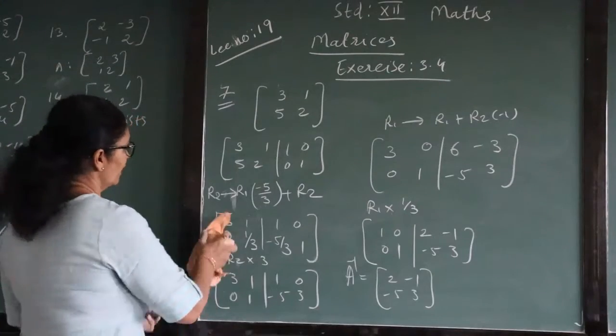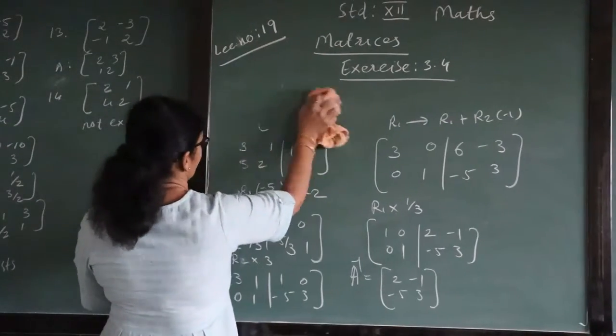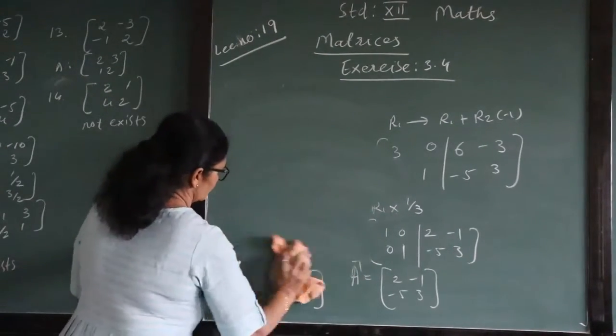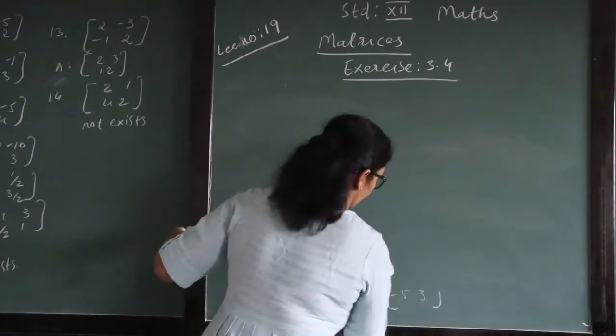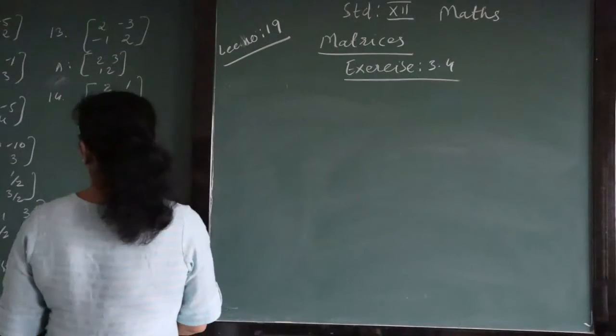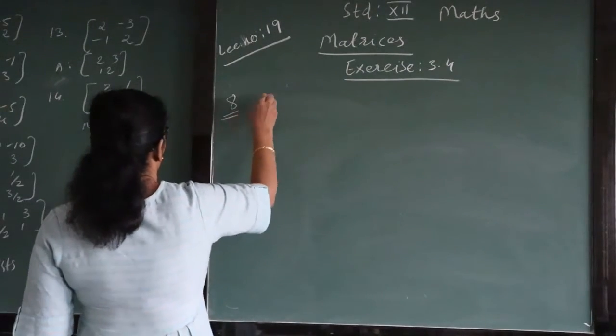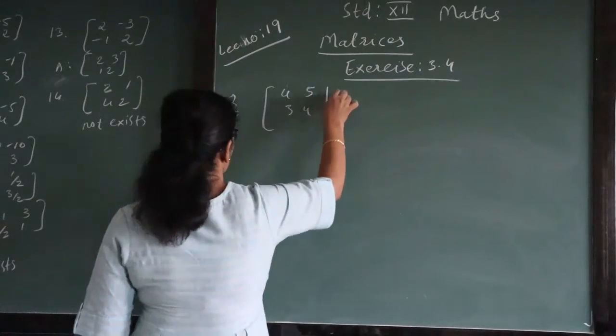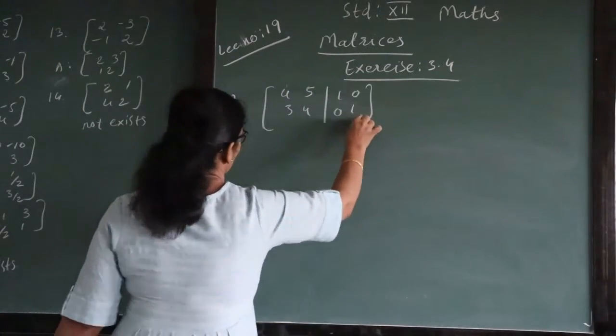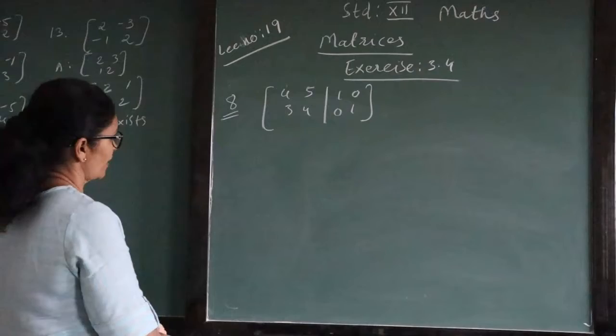Okay, so we continue our next question. 4, 5, 3, 4. This is our question. We are writing directly with this. Now check.